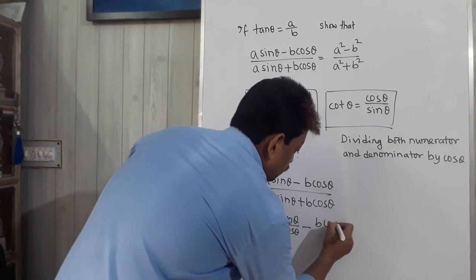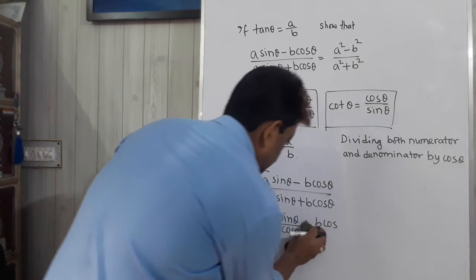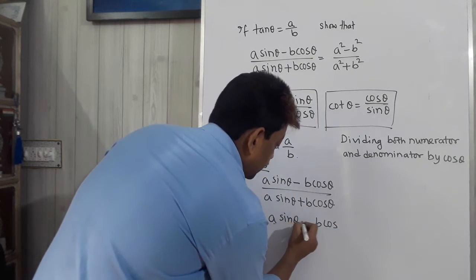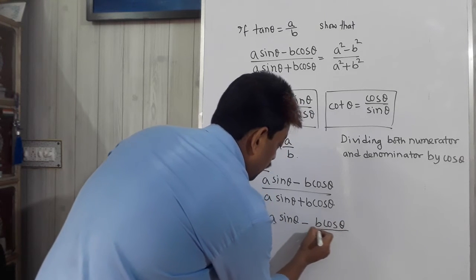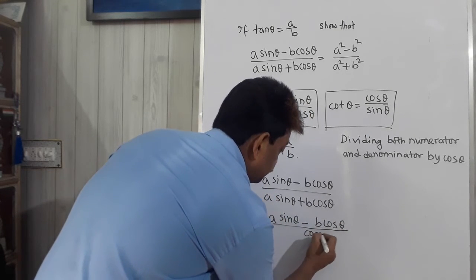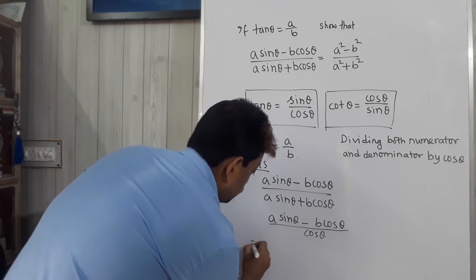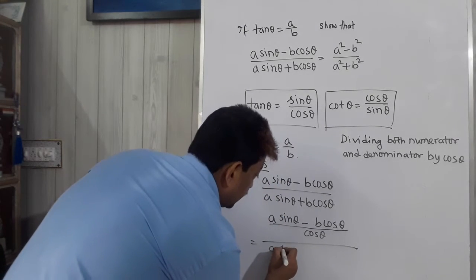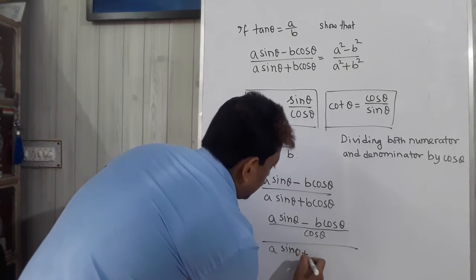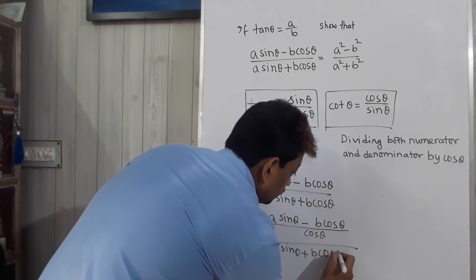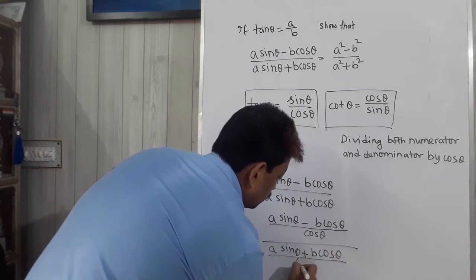First of all, let me write it in the original form. a sin theta minus b cos theta upon cos theta, divided by a sin theta plus b cos theta upon cos theta.